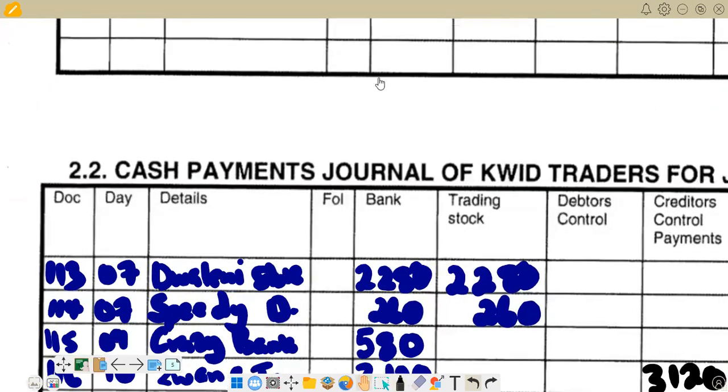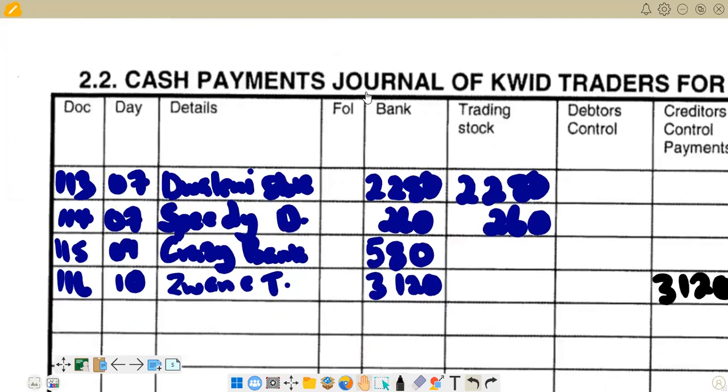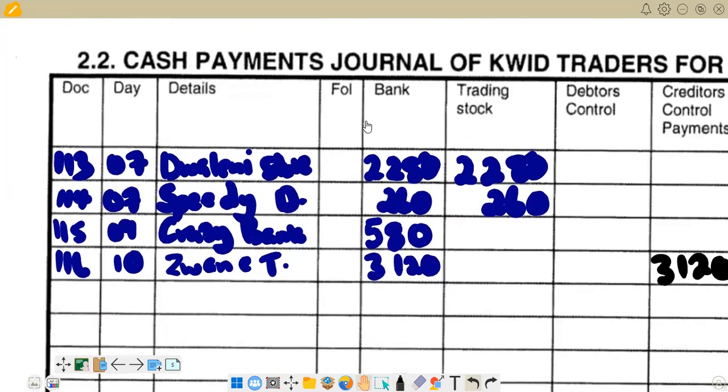It's under the cash payments journal. So what we are doing now, on the column part, we can put another representation in terms of document. For the day, it's on the 20th, so we're going to put our 20th.